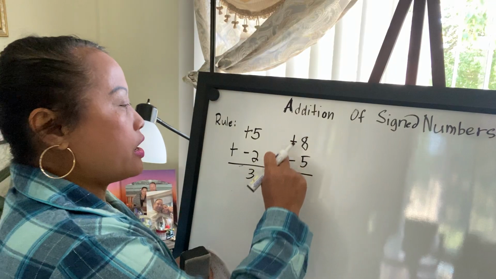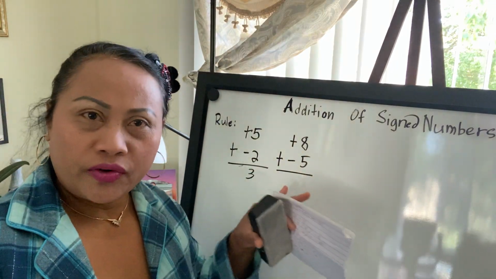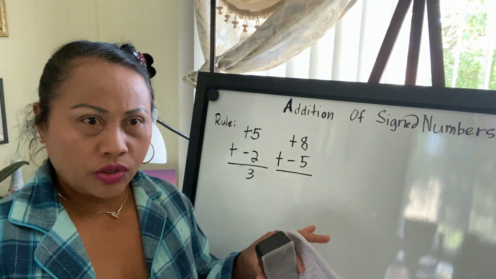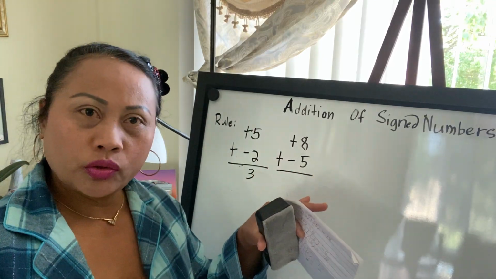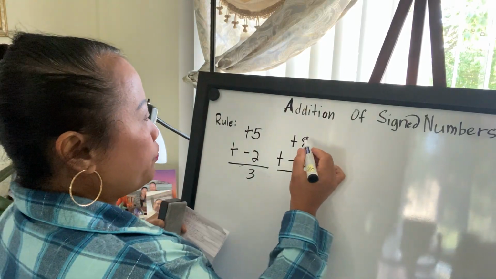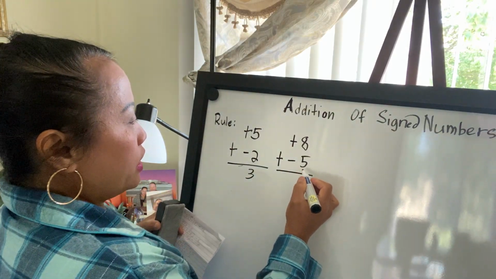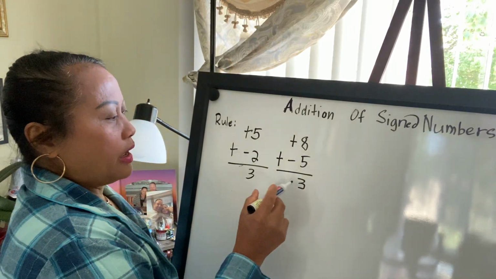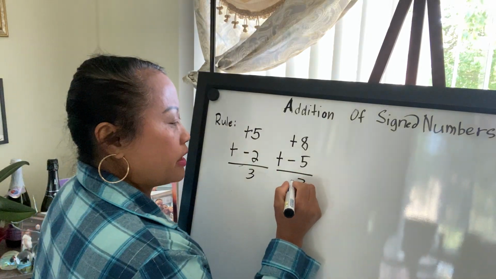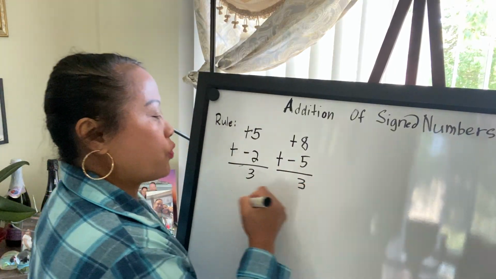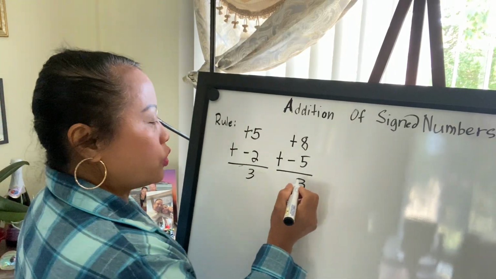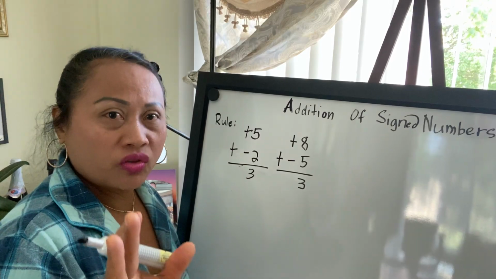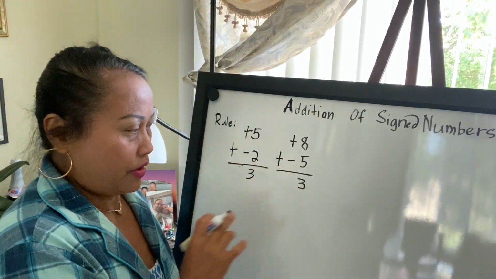Now, since they are different signs, remember, in adding signed numbers with a different sign, you have to subtract. So, 8 minus 5 equals 3. So, 3 is the answer. Positive 3, you can put positive 3 or without. We'll just leave it 3 because a number without a sign is considered to have a positive sign in there, okay?